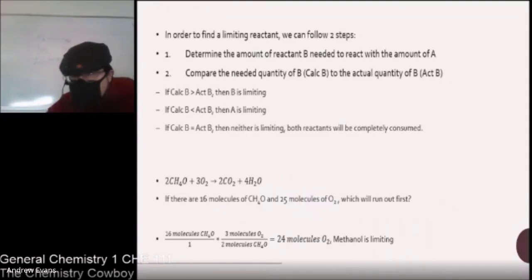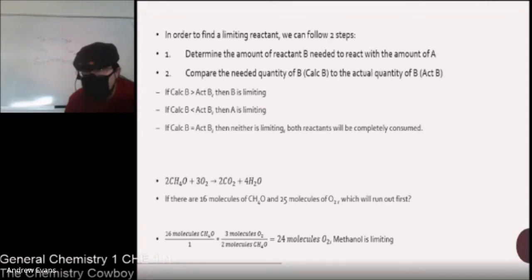To find a limiting reactant, you're going to follow 2 steps. At least this is what the book suggests. 1, determine the amount of reactant B needed to react with reactant A, and then compare the calculated quantity of B with the actual quantity of B. So if I have 10 grams of A and 10 grams of B, and I calculate how much B would be needed to react with 10 grams of A, and I say there's 8 grams of B that would need to react with 10 grams of A, the calculated amount is less than the actual amount.